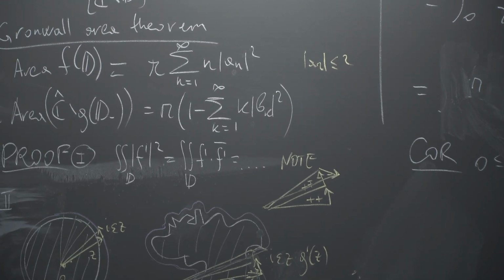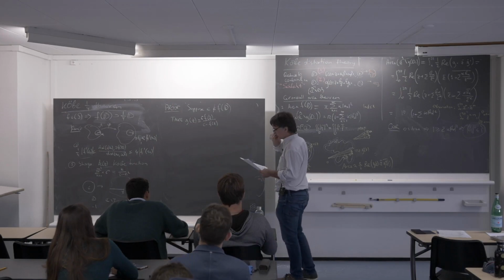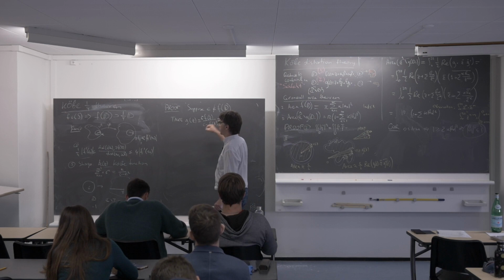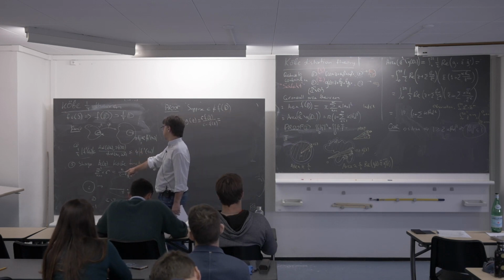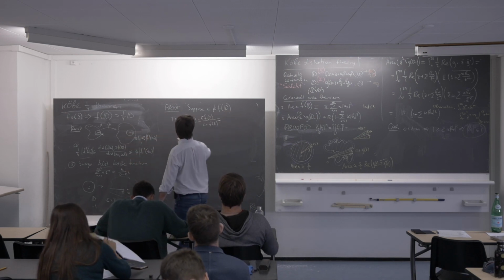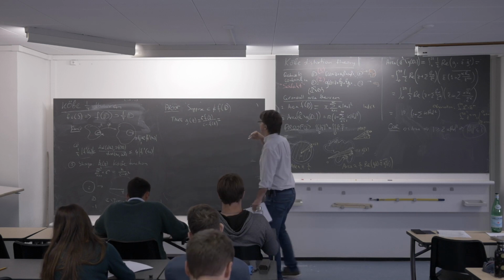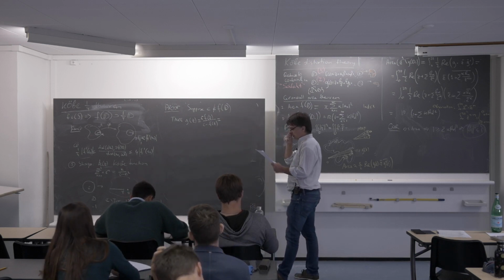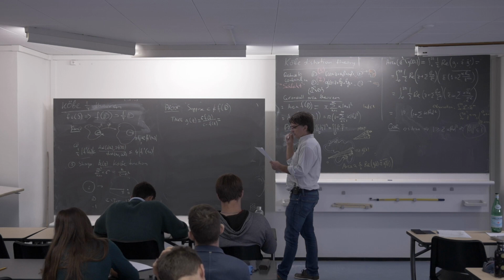g of z is c f of z over c minus f of z, and you can expand it in terms of f.